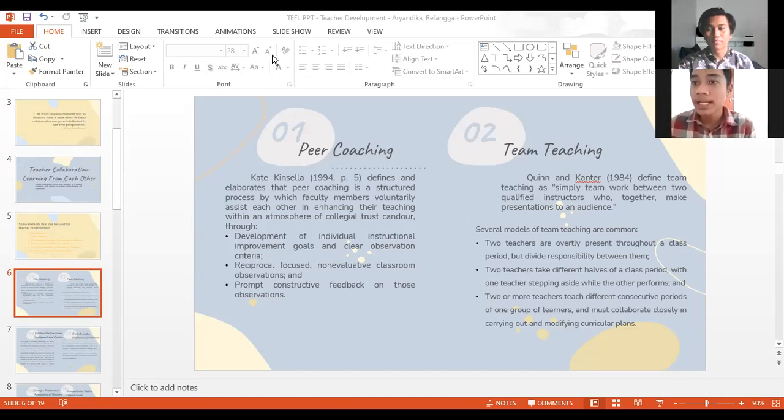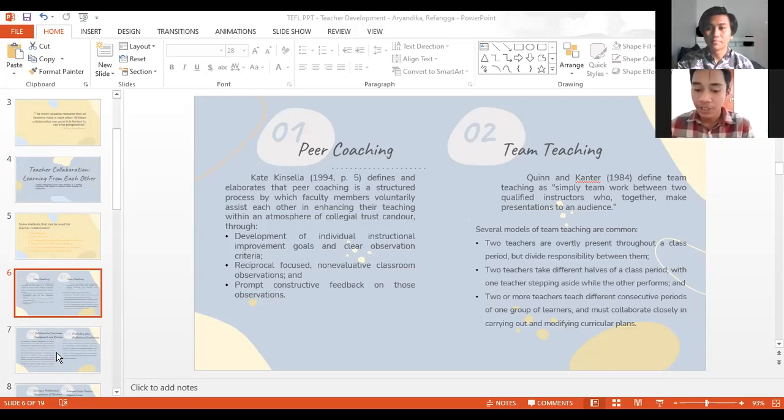The first one is two teachers are overtly present throughout a class period, but divide responsibility between them. The second one is two teachers take different halves of a class period, with one teacher stepping aside while the other performs. And the third one is two or more teachers teach different consecutive periods of one group of learners and must collaborate closely in carrying out and modifying curricular plans.